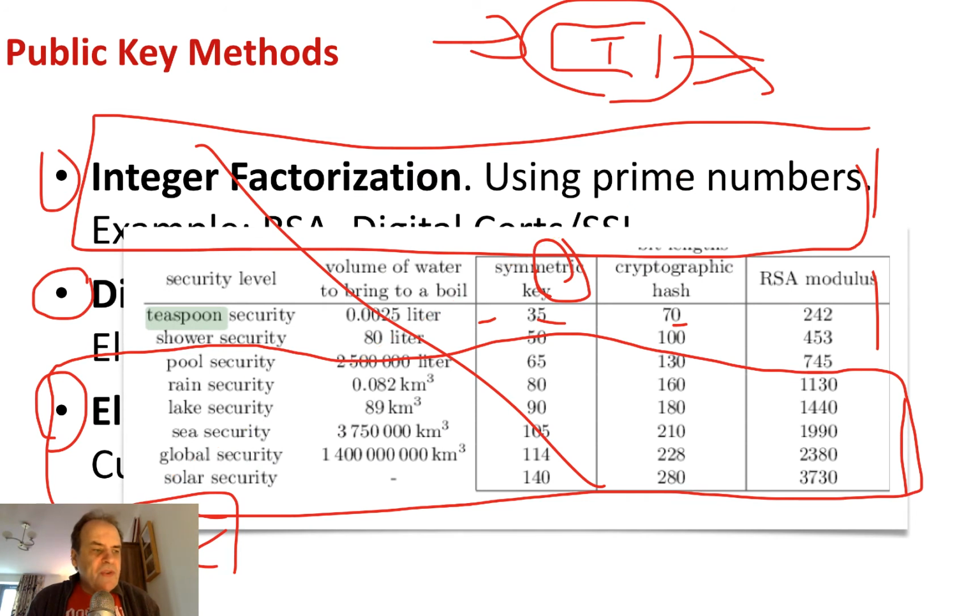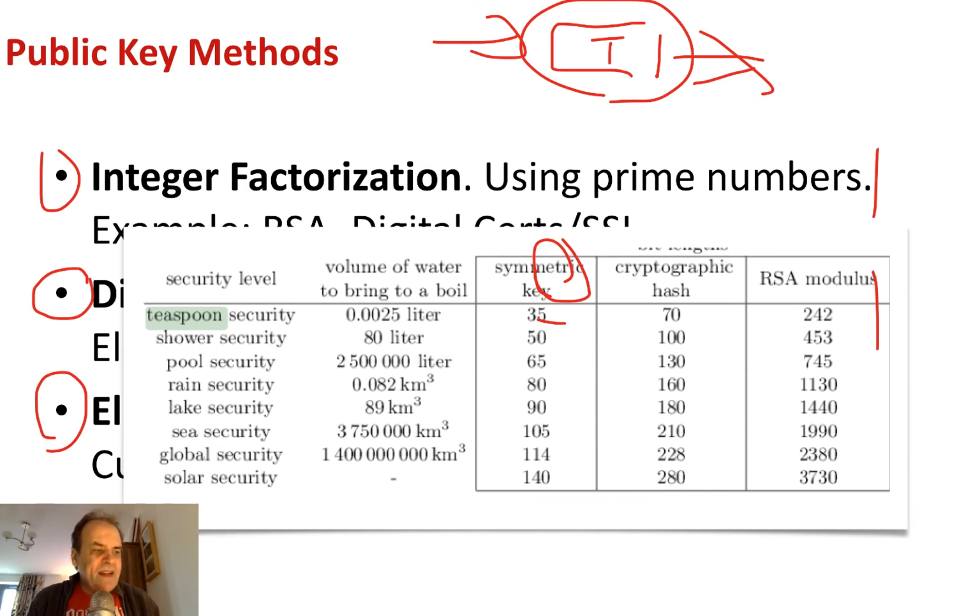Okay, this shows quite a light-hearted analysis of the strengths of the keys. So this one here is our symmetric key encryption equivalent. It's like AES. This one here is elliptic curve, and then this one here is RSA. And this is the amount of water to boil, the amount of energy it would take to crack each of these crypto standards.